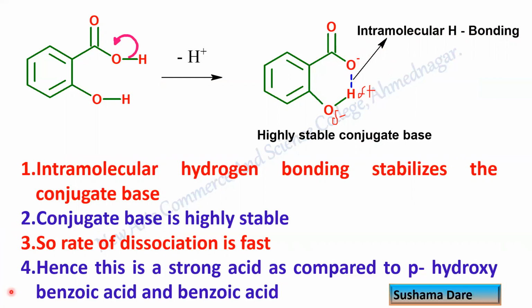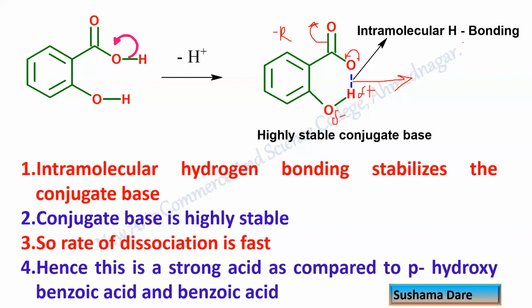This delocalization is possible by way of an electron withdrawing resonance effect shown by this carbonyl group. You can show the electron withdrawing resonance effect like this. So which effect is present here? The minus R effect is present. But at the same time, which other factor can we find over here?